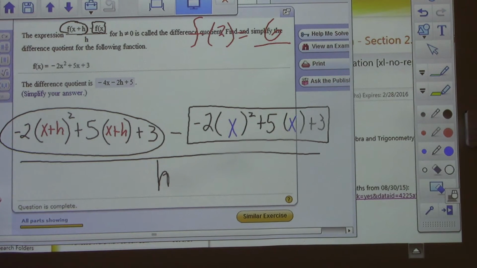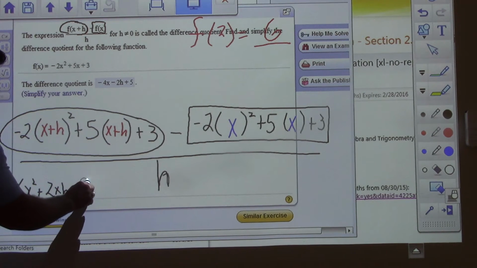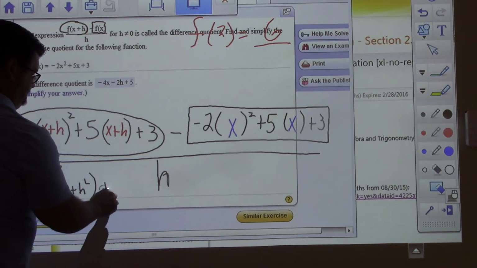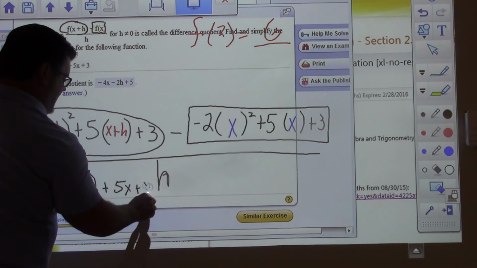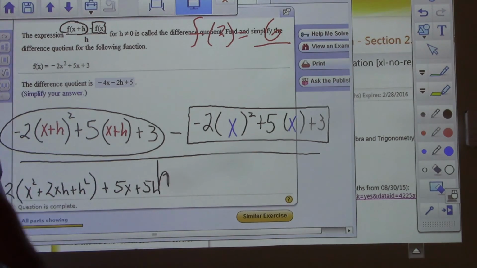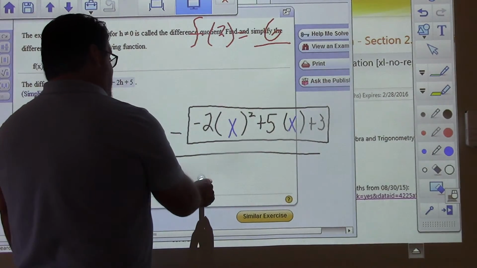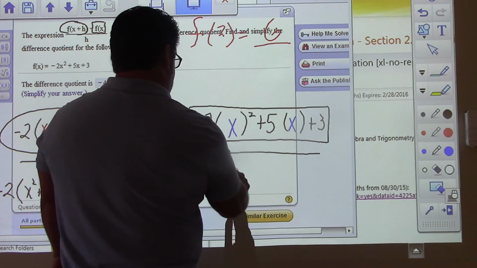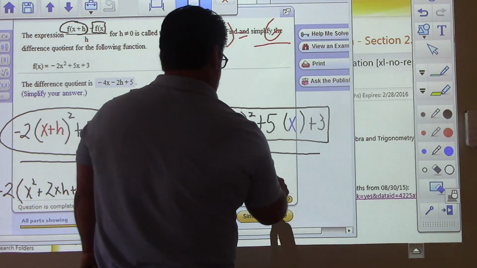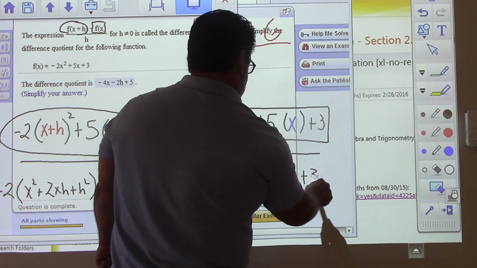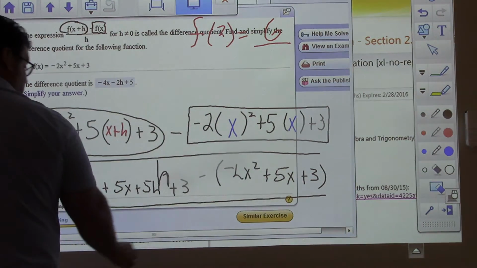So negative 2 times x squared plus 2xh plus h squared, plus 5x plus 5h, minus negative 2x squared plus 5x plus 3, all over h.